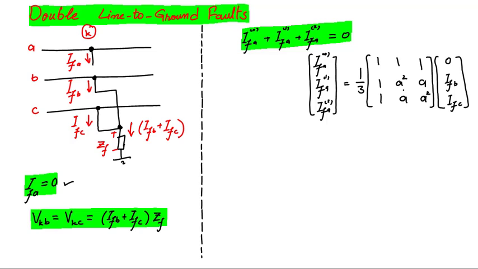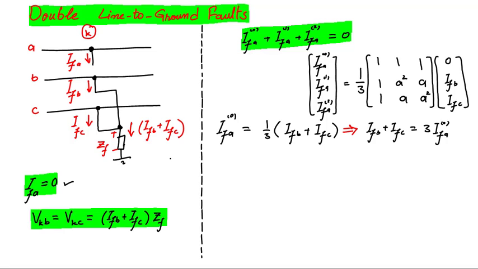So from this matrix equation we can write IFA zero sequence is equal to 1 by 3 the sum of these three currents, IFB plus IFC, which means IFB plus IFC is equal to 3 times IFA zero sequence.